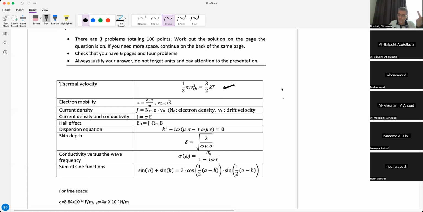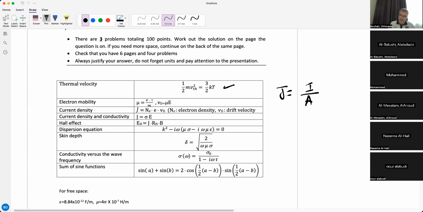For example, we all know the relationship between the current density and the current, right? I will not give you this formula, but I'm giving you, for example, the relationship between sigma and the density of electrons, the drift velocity, etc. This you can figure out, and we will do some examples.